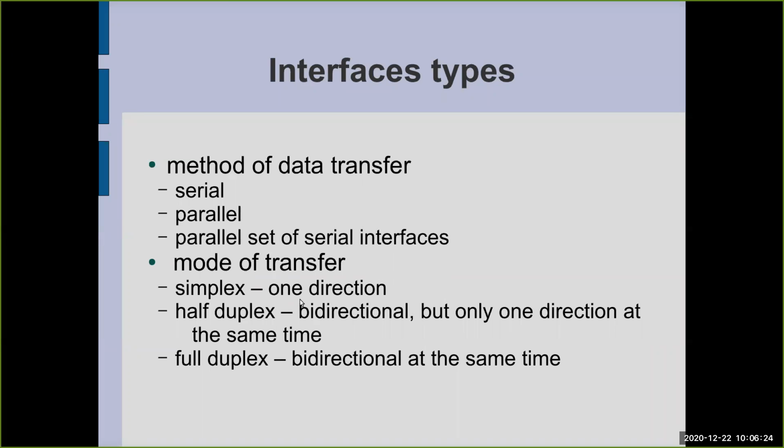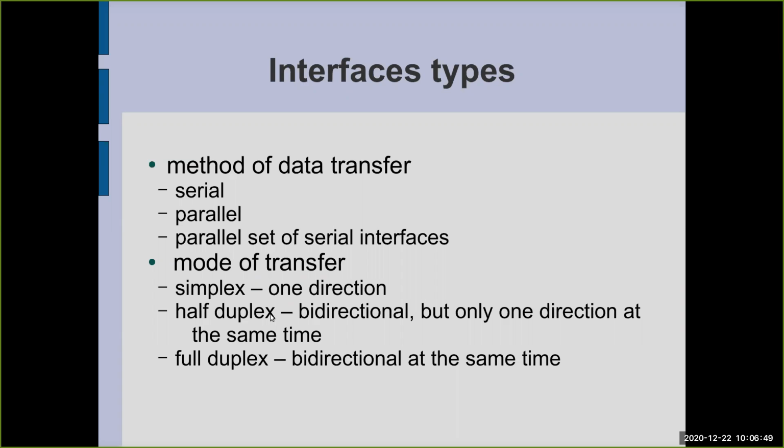Simplex means that it is a one direction interface. So in simplex, only the transmitter can send data to the receiver, but it is not possible to send data in the opposite direction.